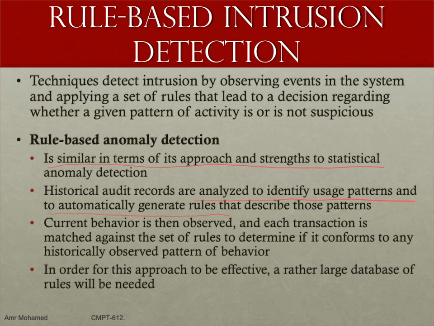And this is the efficiency and the strength of machine learning, because you don't have to base your approach on a very large lookup table, which would be very complex. Imagine if you have 100,000 rules in the rule base, you have to apply these 100,000 rules on every single audit record.